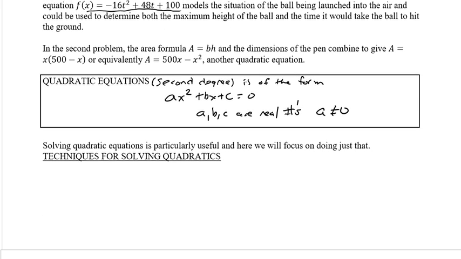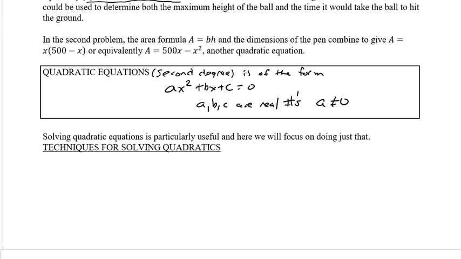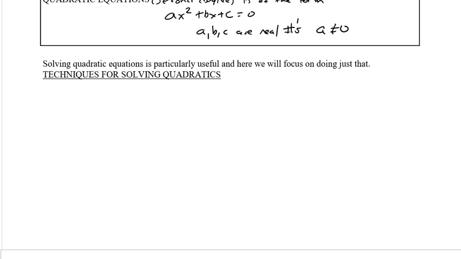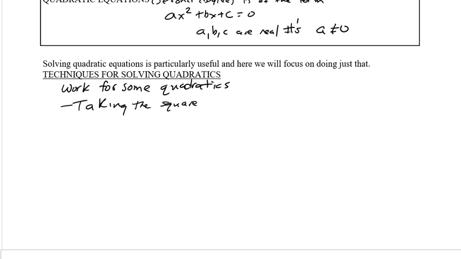Solving quadratics is particularly useful, and we're going to focus on how we do that. There are 4 different techniques we're going to talk about. These techniques work for some quadratics, and that would be taking the square root, and then factoring. Those only work some of the time, not all of the time.